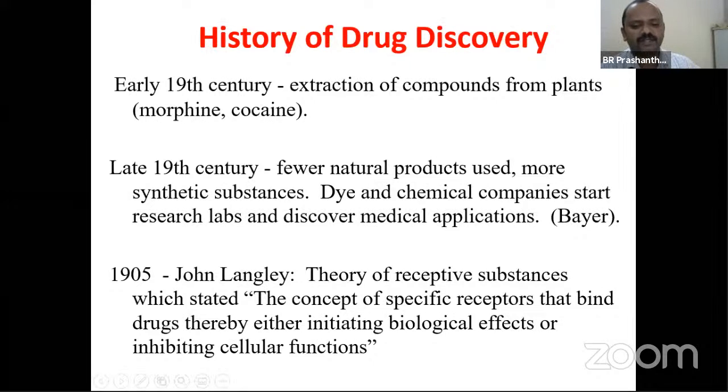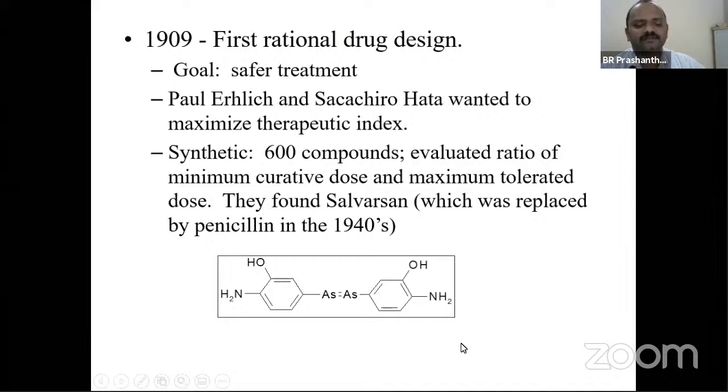Next, in the early 20th century, scientists across the world started working on the concept of rational drug design. This term rational was used for the first time in 1909.